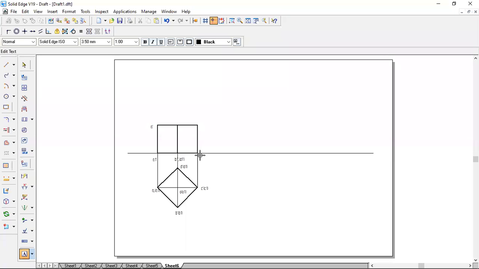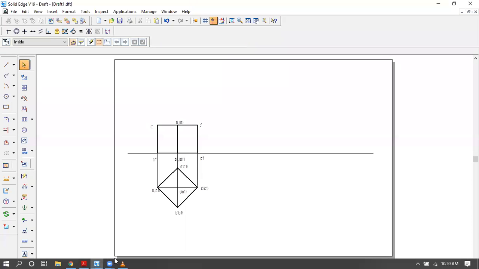Similarly, this is C1 dash, and this is C dash, and this is B dash, D dash. B dash is visible and D dash is not visible. Now O1 is coincident with B dash D dash and B1 dash D1 dash, so there is no need to represent it.